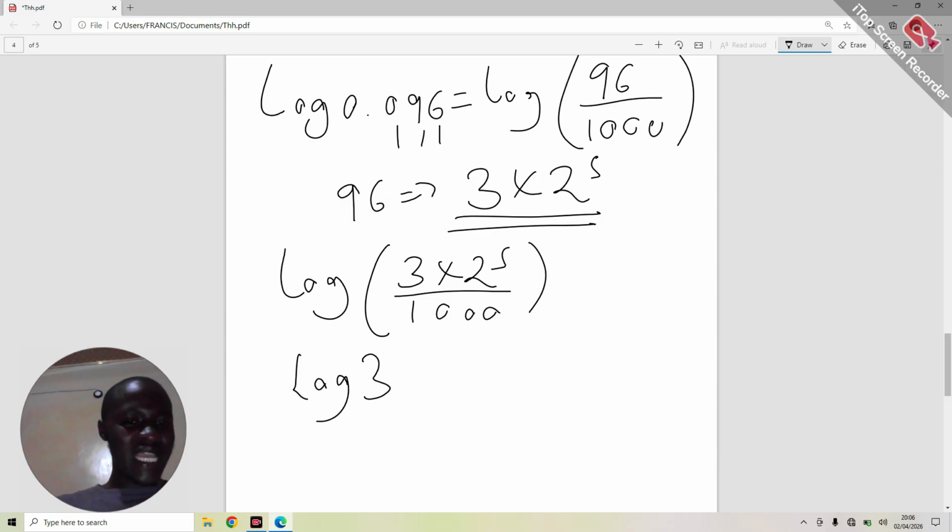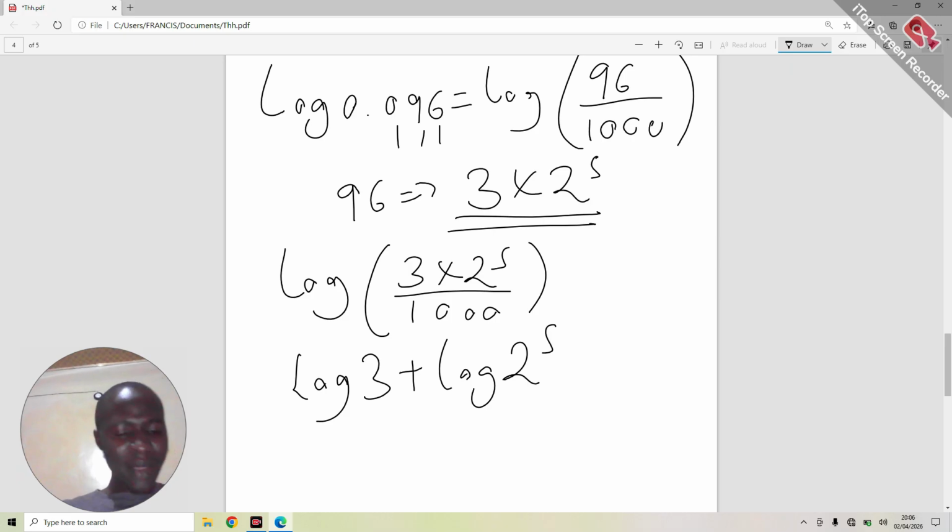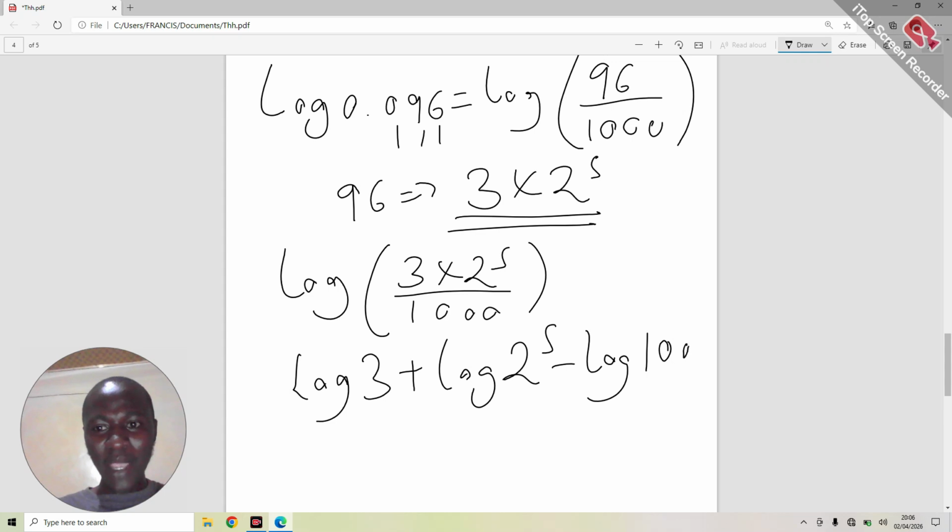Mastering those laws is something very important. So log 3 plus log of 2 power 5. Then remember division. Division is a minus over log 1000.